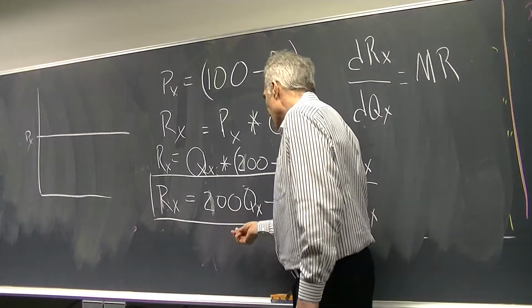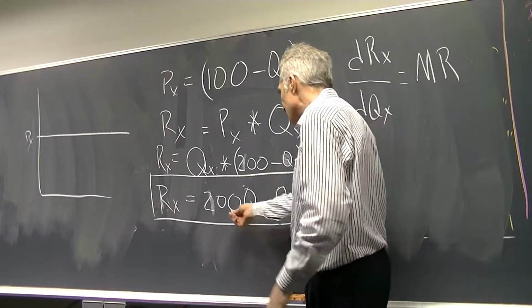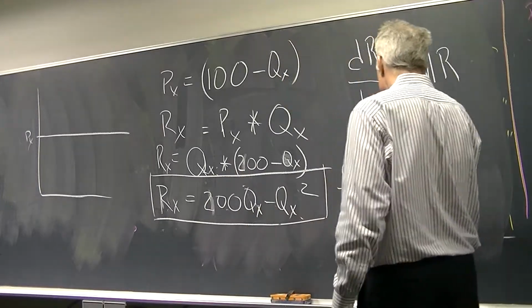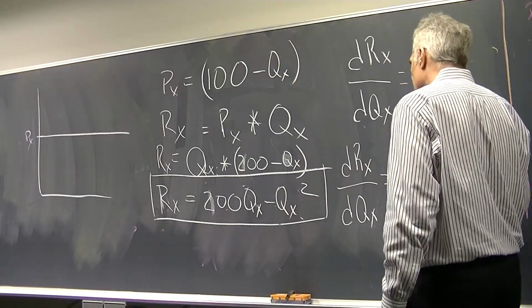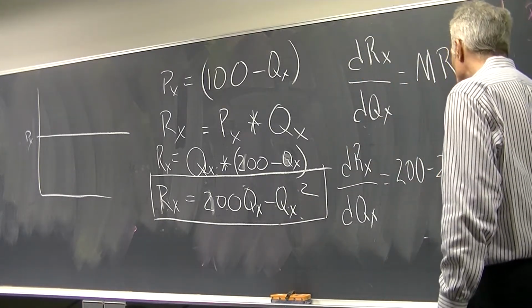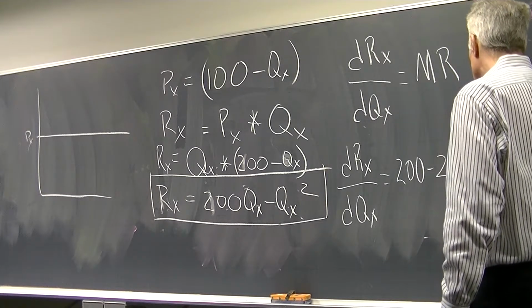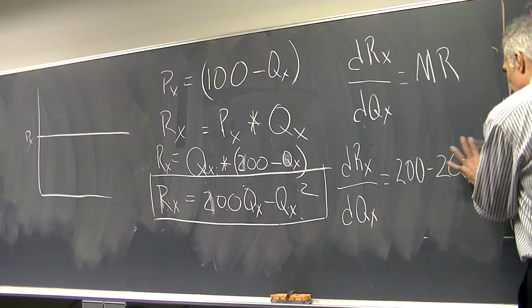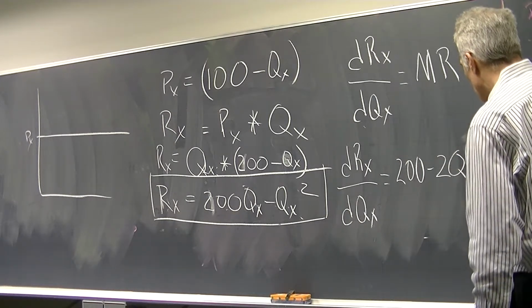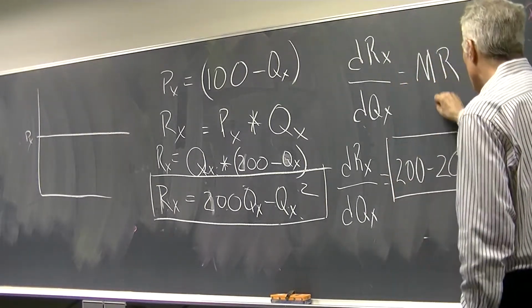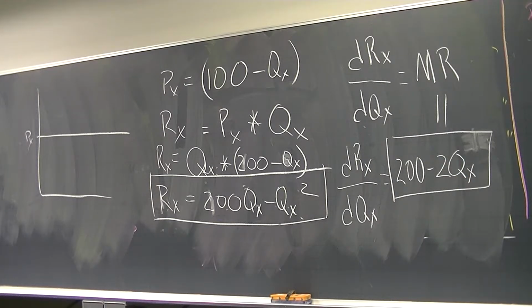That's this times the derivative of that. The derivative of Q_X is 1. So that is equal to 200 minus the derivative of Q_X squared, which is 2 Q_X, so 200 minus 2 Q_X.